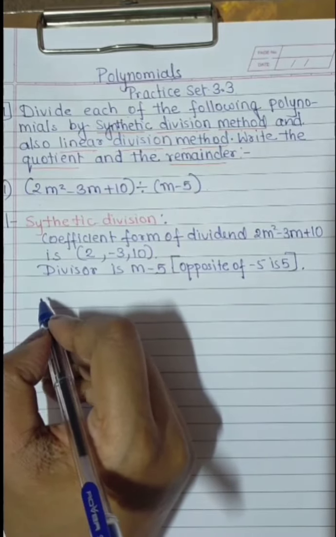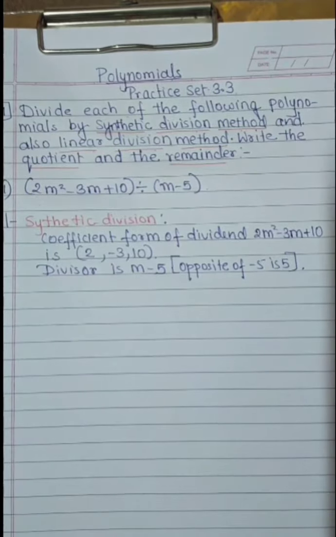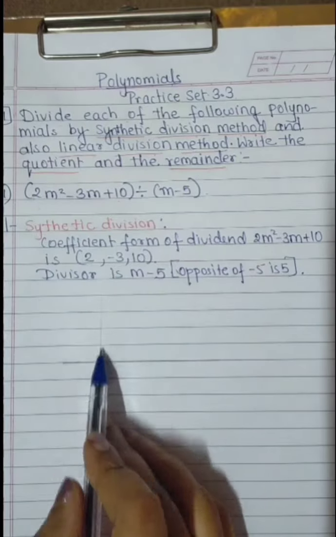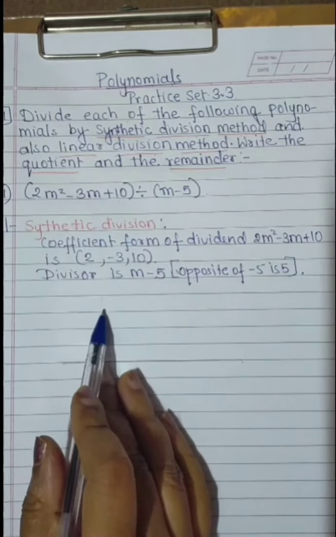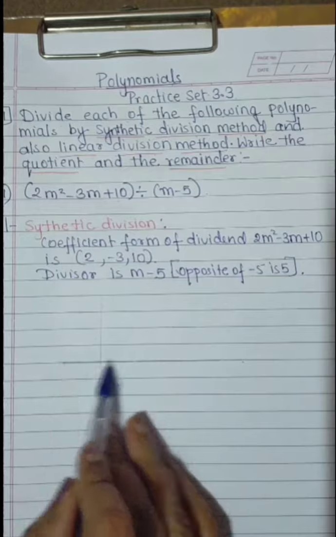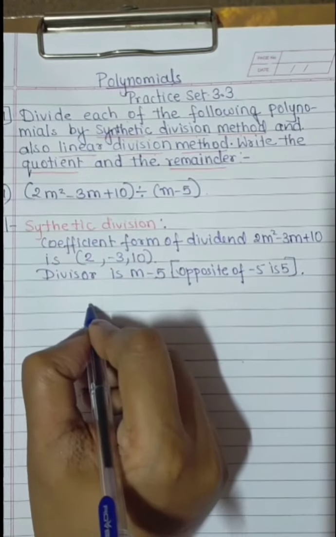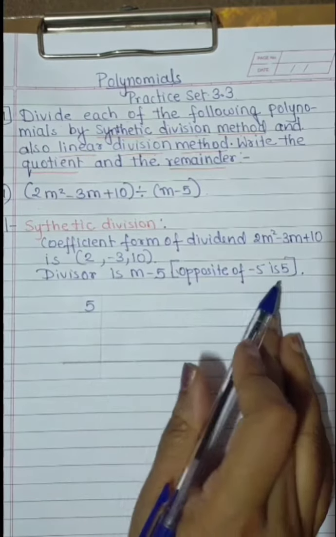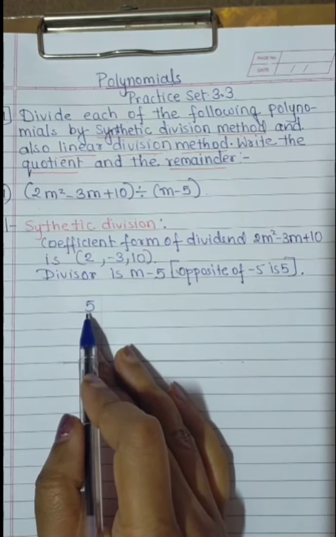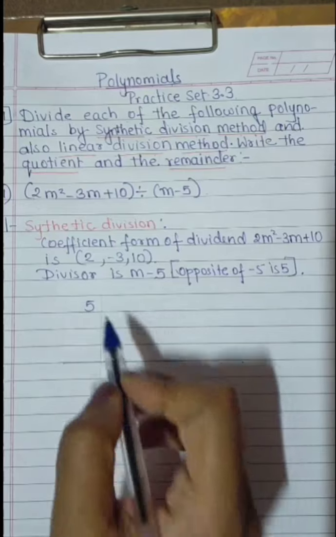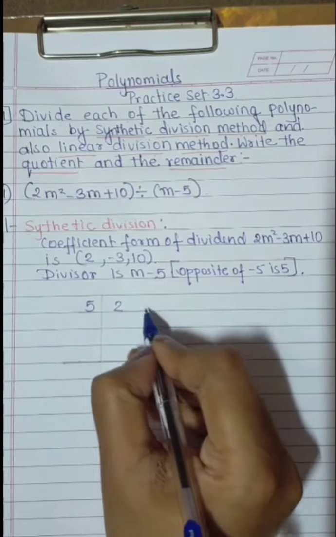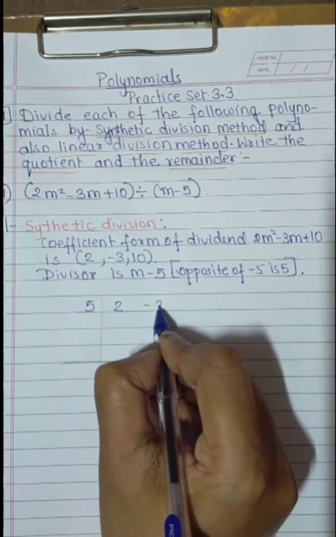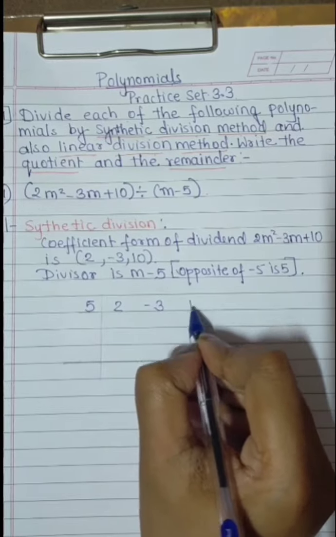Now therefore we'll start the sum. So you have to draw a figure like this, and here we have to write 5, the divisor 5. Then we will write the coefficient numbers with little space in between.